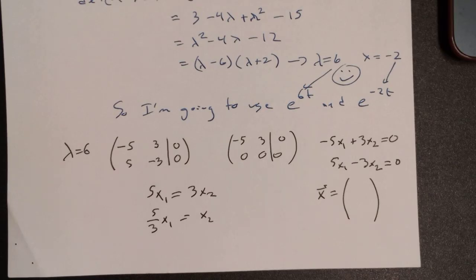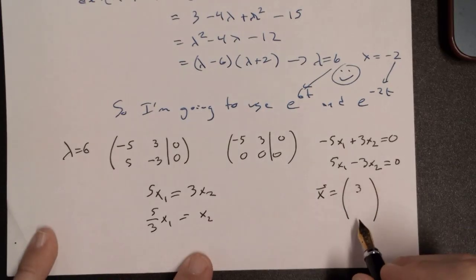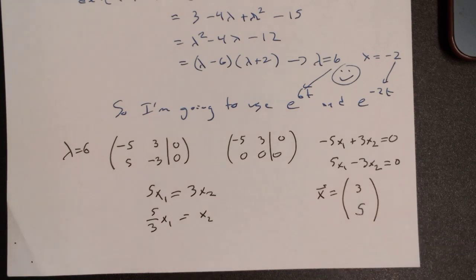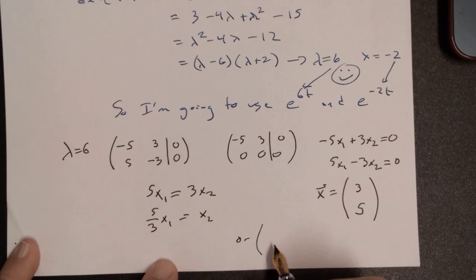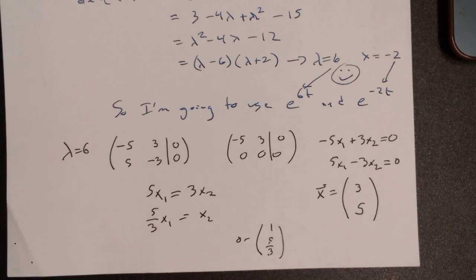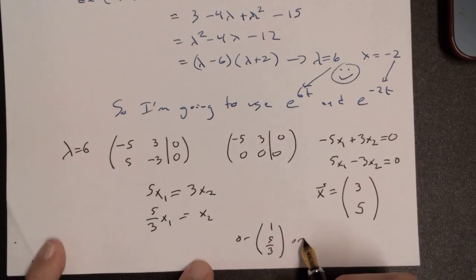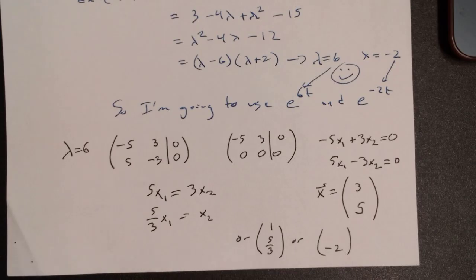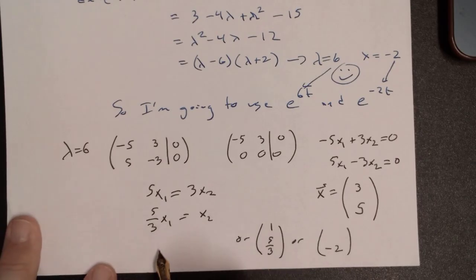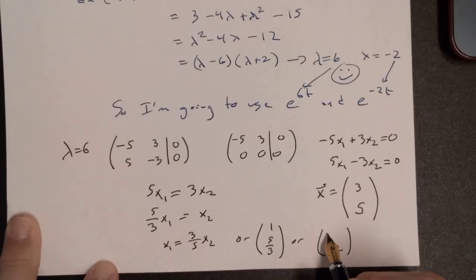So if I want to make this work, I could put a 3 here and a 5 there, right? Or I could put a 1 here and a 5/3 there. Or I could put a -2 here. Wait a minute. If I want to solve this, I get x1 is 3/5 x2. So if I put a -2 here, I put a -6/5 there.